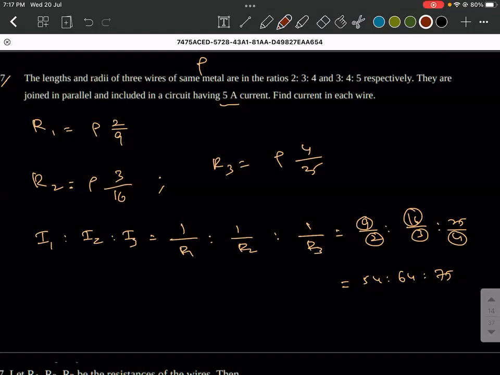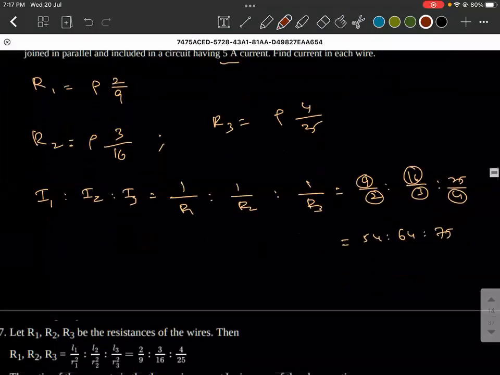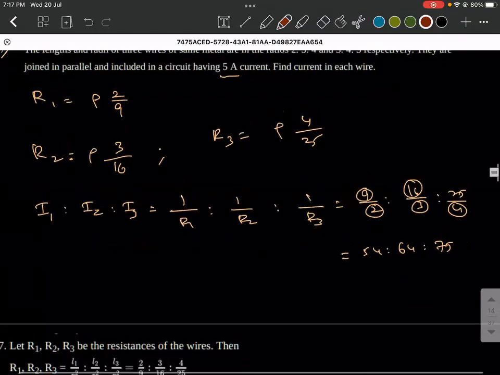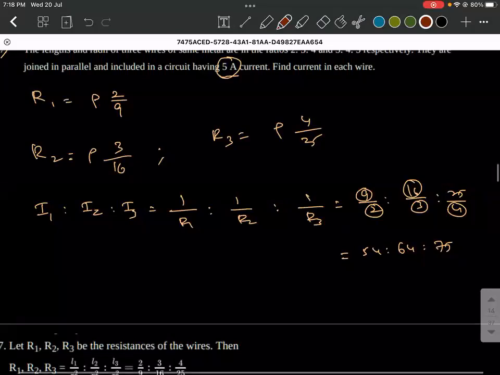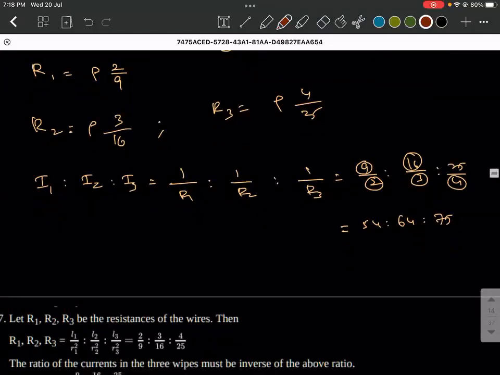Correct? So the sum of all the currents should be equal to 5, and they want the value of each current. So I1 will be equal to the total current into 54 divided by the sum of all the three, that is 54 plus 64 plus 75.